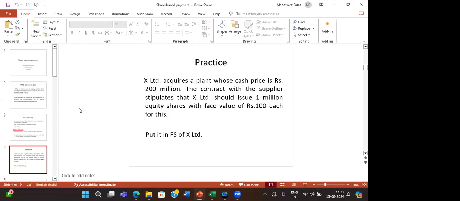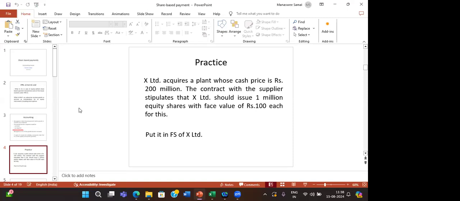Means if you go to the market and buy it today, you have to pay this price of 200 million rupees. Then you contracted with the supplier and said that I am going to settle this transaction through issue of 1 million equity shares of my company, whose face value is 100. So 200 million rupees is the machine you are getting, and you are going to issue 1 million equity shares. So how to put it in the financial statements of X Limited?